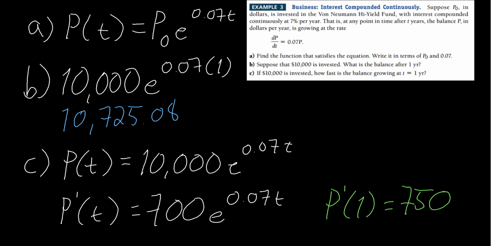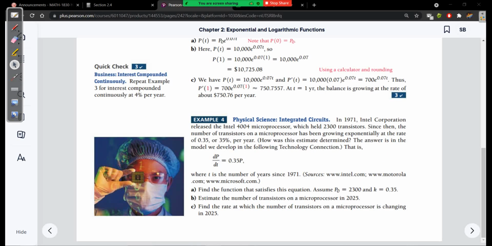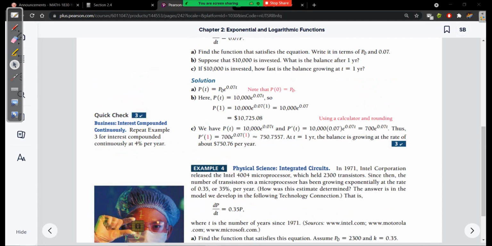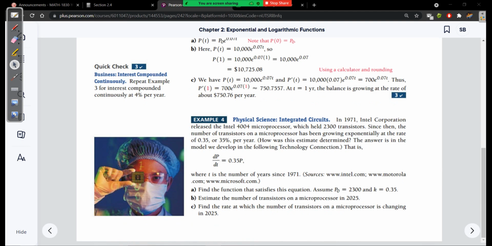And of course, as we move up, we're going to be growing much faster, or exponentially faster. Yes, yeah, they did decimals, which makes sense. I just ran out of room.